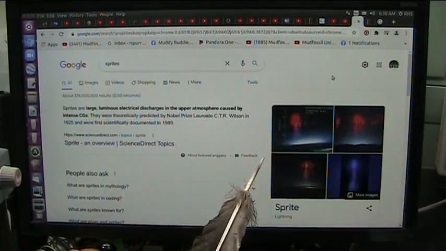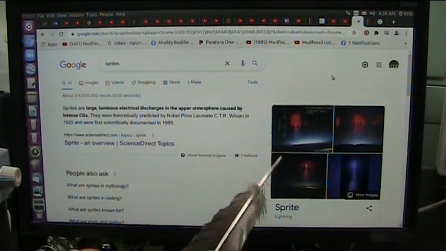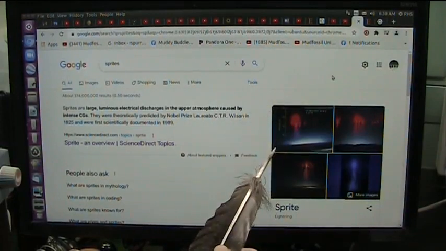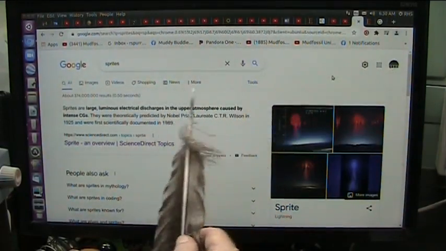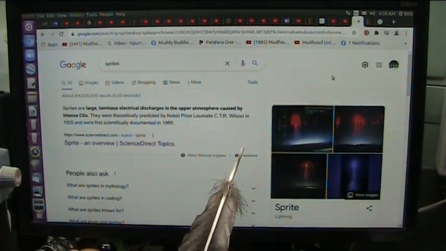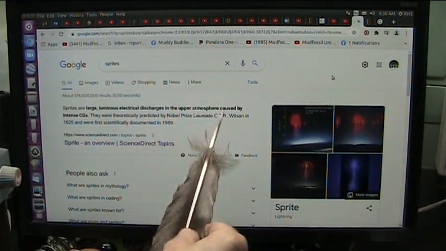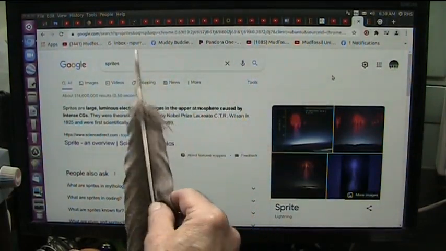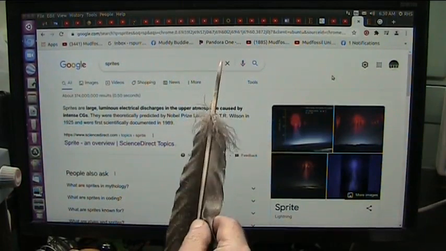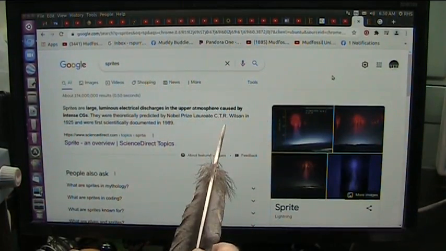How does it pick it up? Well, they're rods and cones, but how do they work? We're going to talk about that. We're going to talk about sprites. We're going to talk about aurora borealis, the northern lights. We're going to talk about lightning and storms and thunderstorms and hurricanes and the global interaction of the weather. That's all push to shove.